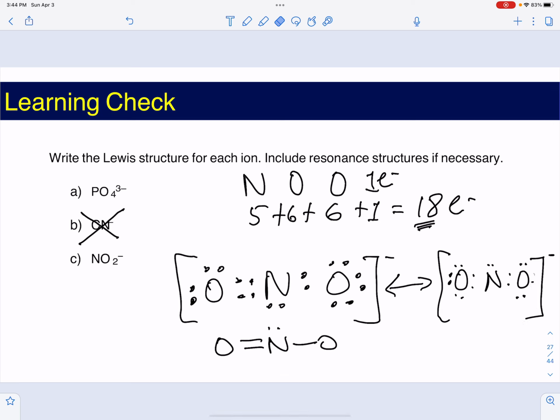That way the oxygen has 8 electrons, the nitrogen has 8 electrons, and the oxygen has 8 electrons. So a good resonance structure would be then that one where you have now the oxygen on the left side is a single bond, and the nitrogen on the right side is the one with the double bond.